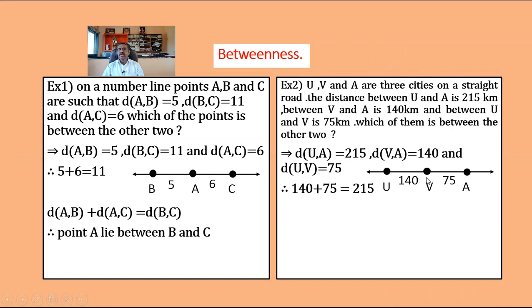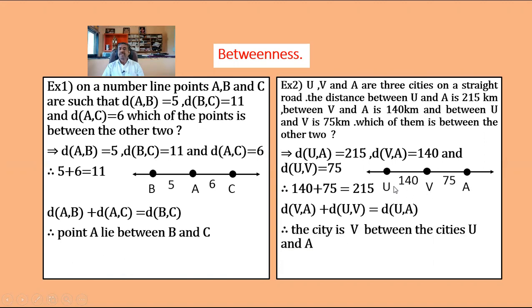Therefore, distance UV plus distance VA is equal to distance UA. 140, the distance VA, plus 75, the distance UV, is equal to 215, the distance UA. On the LHS, in distance VA plus distance UV, point V is common, so V lies between U and A. Therefore, the city V is between the cities U and A.